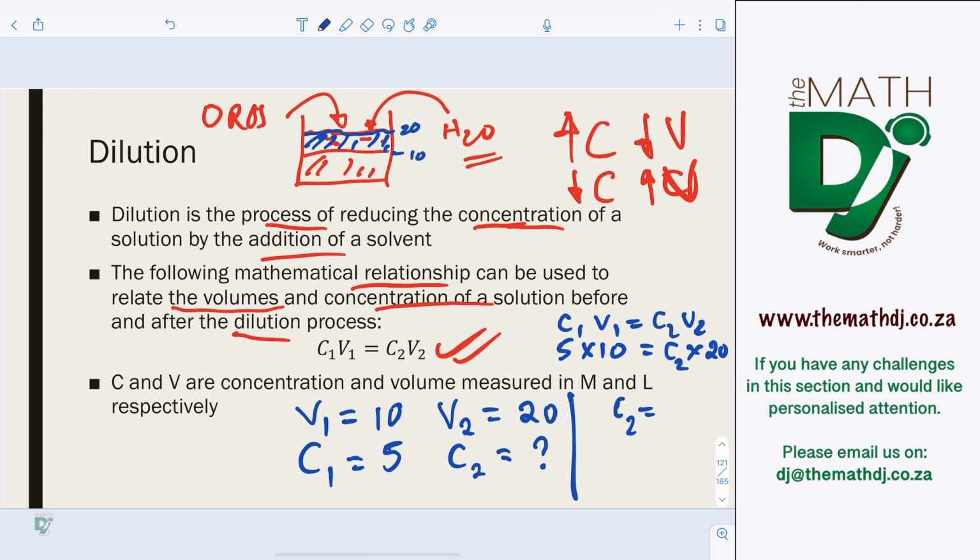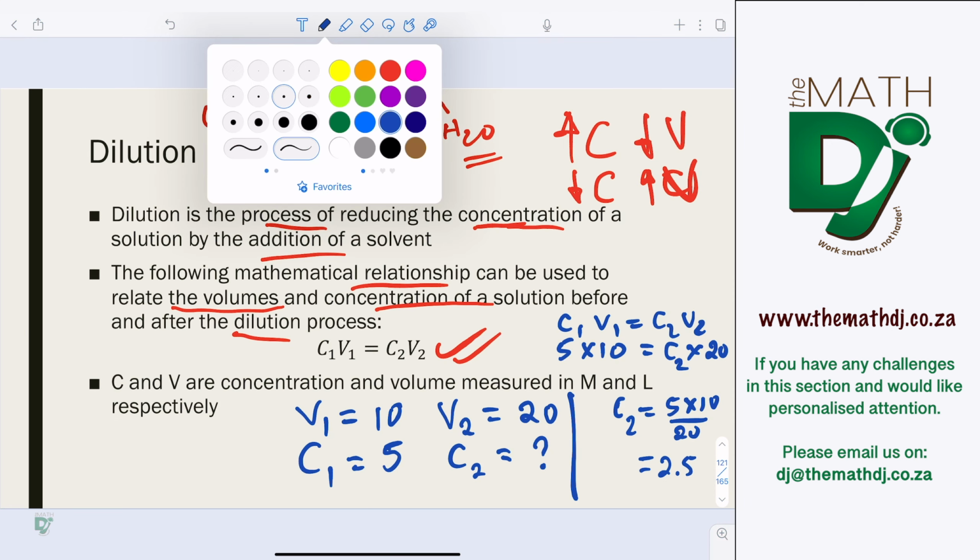C2 becomes 5 times 10 divided by 20. If you simplify with your calculator, you get 2.5. That will be your concentration. So basically that's how you apply this formula for dilution.